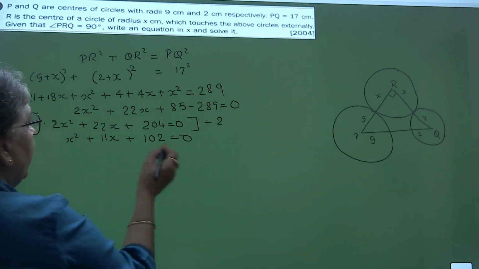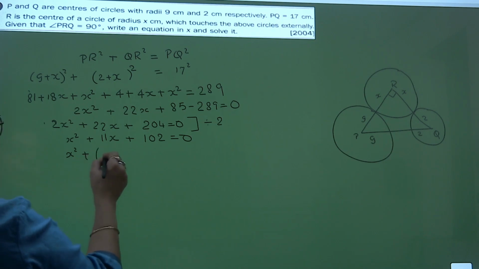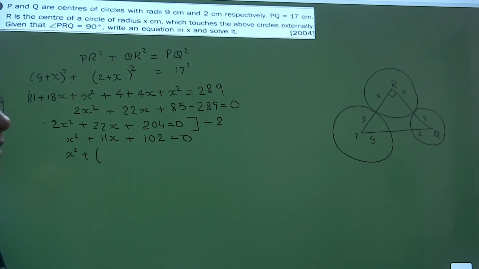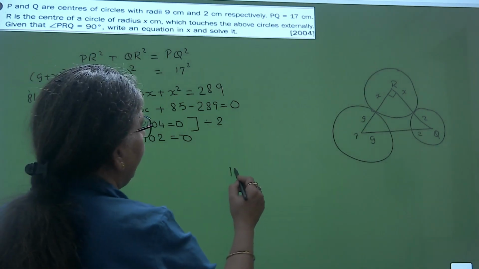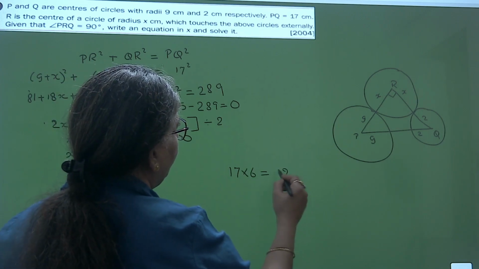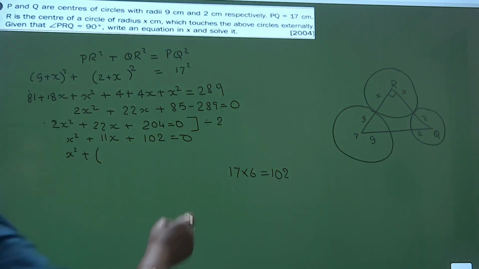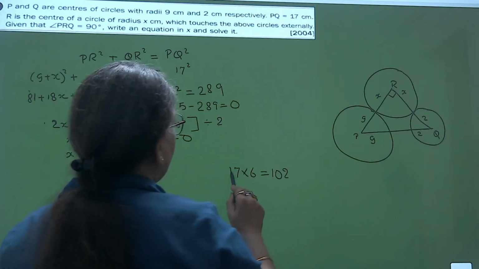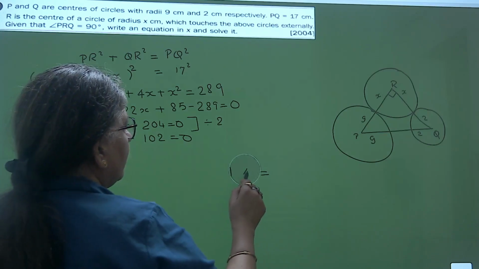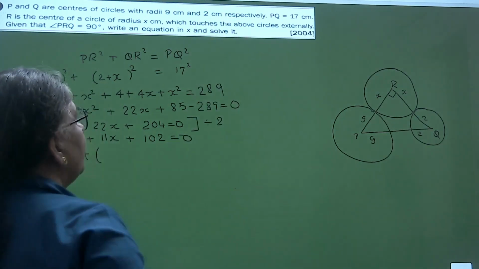Now let's factorize. So we get two factors, 17 and 6. See, 17 into 6 is 102, and 17 minus 6 is 11. Okay.